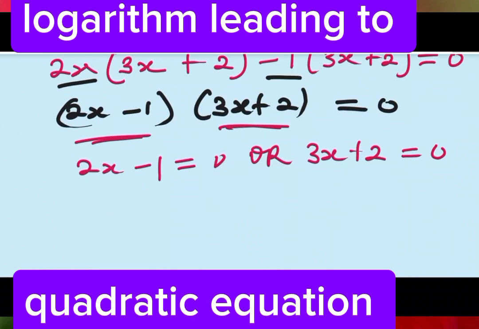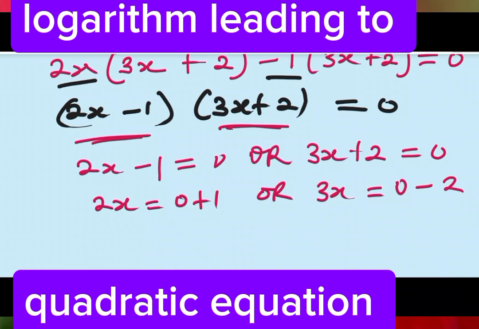So 2x minus 1 equals 0, meaning that 2x equals 0 plus 1, or 3x equals 0 minus 2. When plus 2 goes this side, it becomes minus 2. When minus 1 goes this side, it becomes plus 1.